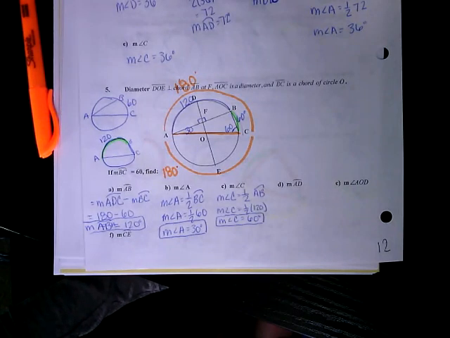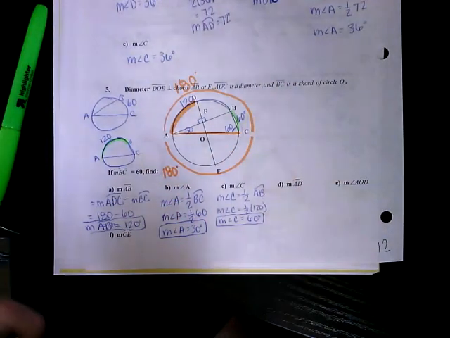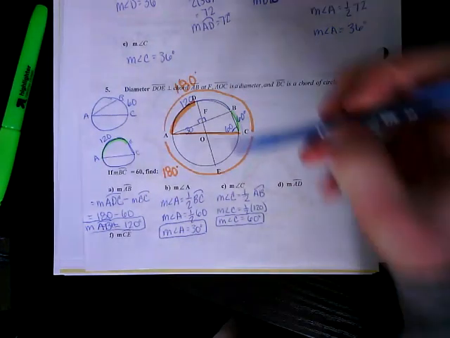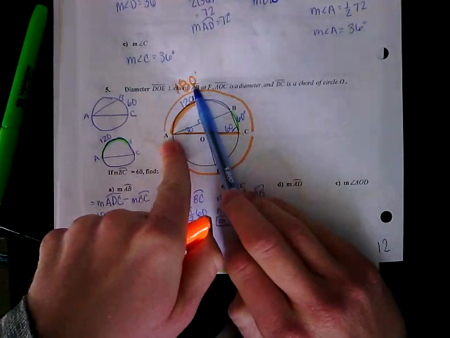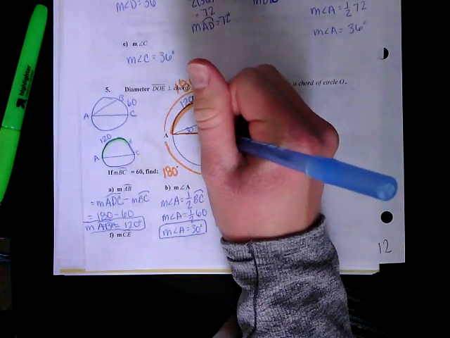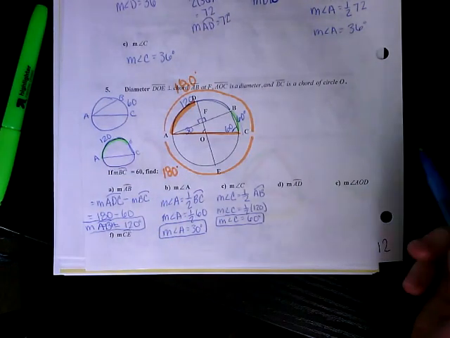Now we want to find the measure of arc AD. So this is arc AD here. AD is not intercepted by an inscribed angle, but it is intercepted by a central angle, angle AOD. Now let's think about this.